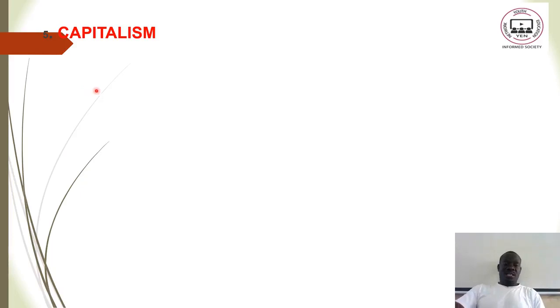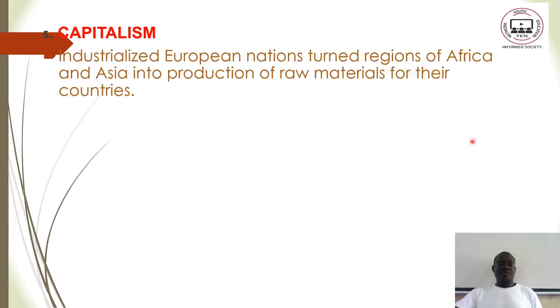Another issue was capitalism, which also took place between 1870 and 1914. Industrialized European nations turned regions of Africa and Asia into producers of raw materials for their countries. The European countries were busy dominating countries in Africa and Asia, looking for raw materials for their industrial production.